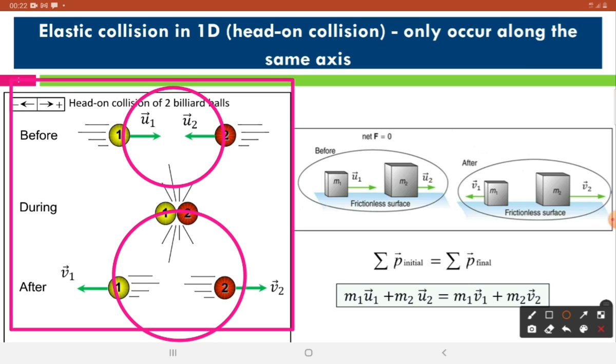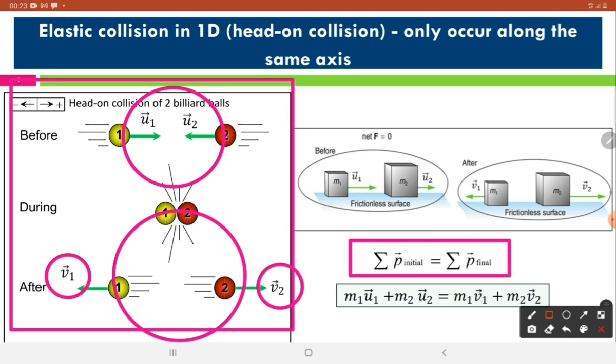And this one is referred to as elastic collision. Why is this one called elastic collision? Because after collision, they move separately with different final velocities. Ball 1 moves with V1 and ball 2 moves with V2. Since the momentum is always conserved for collision and also explosion, you can use the principle of conservation of linear momentum, which is total P initial is equal to total P final.